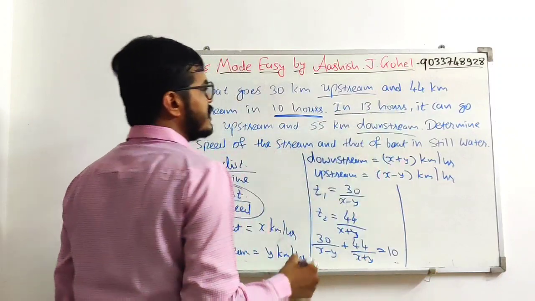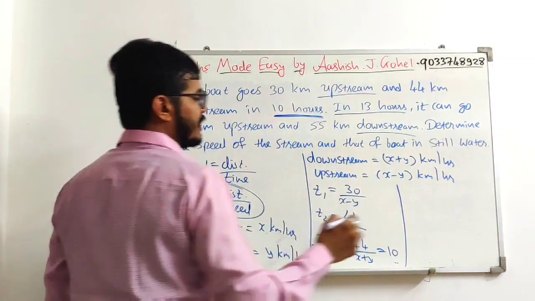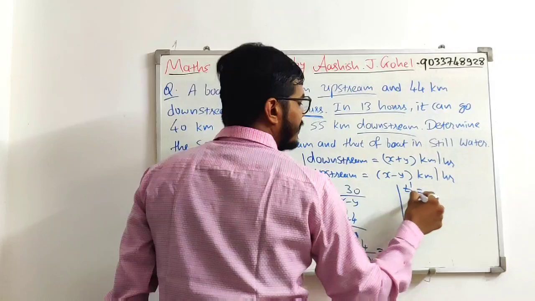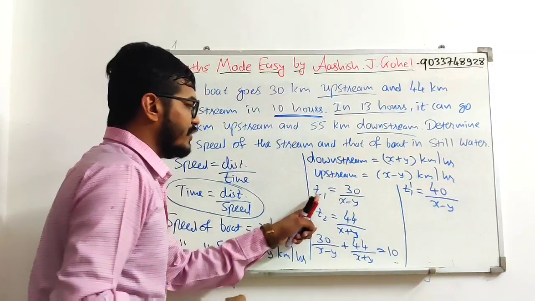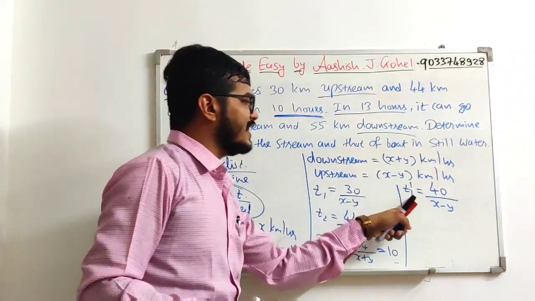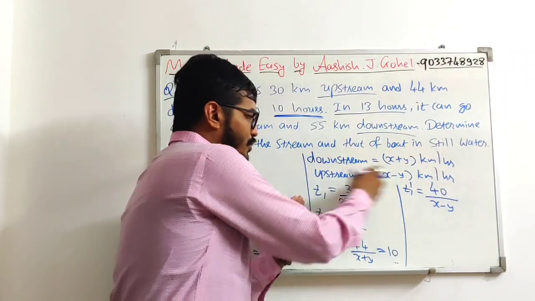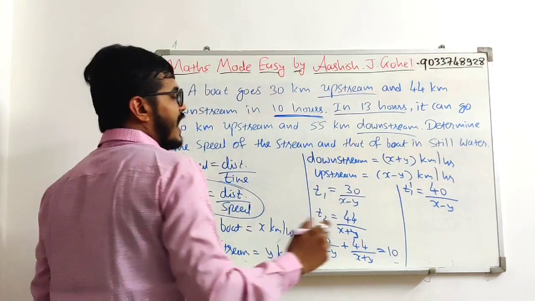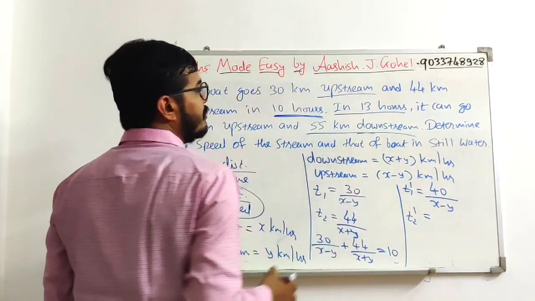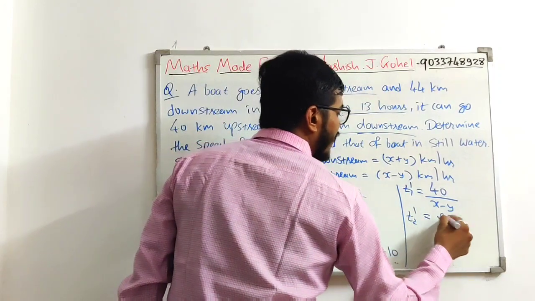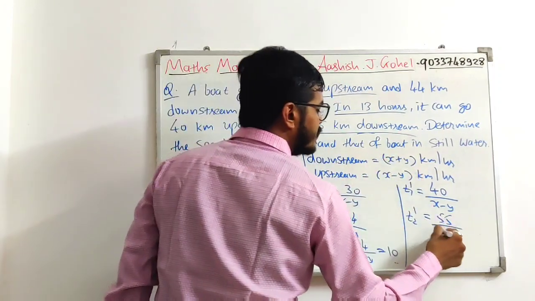In 13 hours it can go 40 km upstream, that means 40 divided by x minus y. Here we have taken T1, so here we will take T1 prime, just to differentiate. Now T2 prime will be 55 km downstream. So 55 downstream means speed will be added, so x plus y.